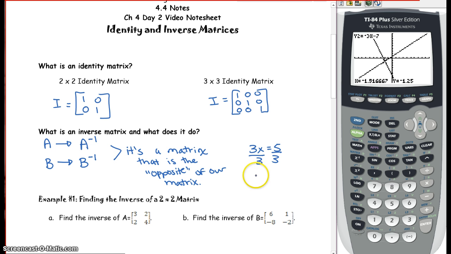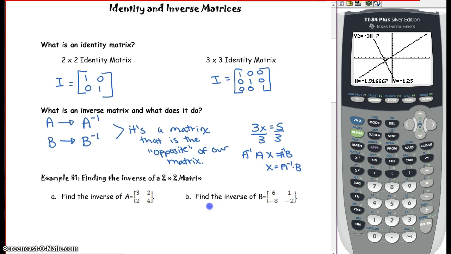So if I wanted to do Ax equals B, the opposite of that A would be A inverse, and then you would be left with this. You might not understand it at this point, but you're going to see more of it as we go into these matrix ideas.